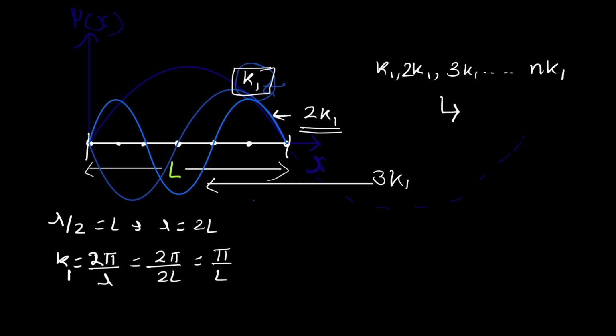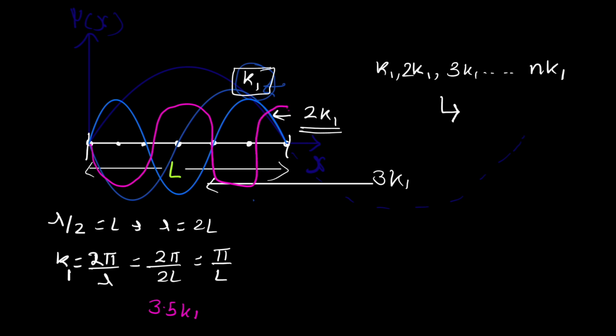Now let's look at the frequencies which are not integer multiples of k1. So let's look at, say, a frequency of 3.5 into k1. So here we will have 3.5 loops in the length of L, which will look something like this.